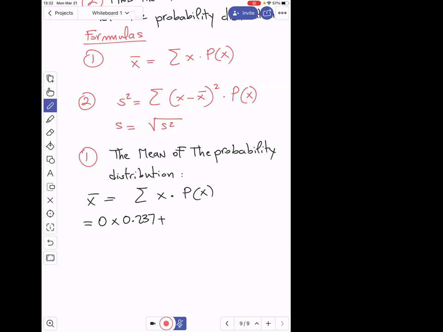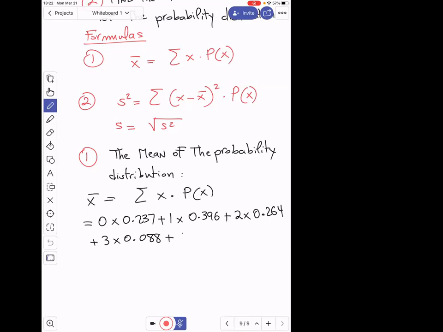Plus the next x is 1, times 0.396, plus the next x is 2, and the corresponding probability is 0.264, plus the next x is 3 times 0.088.